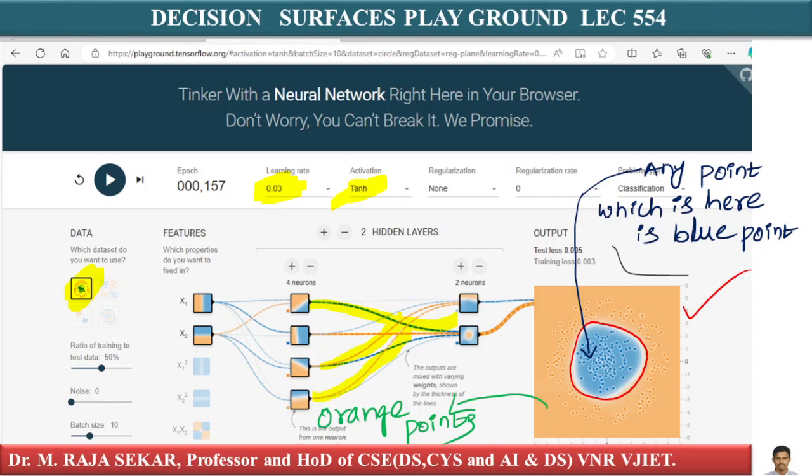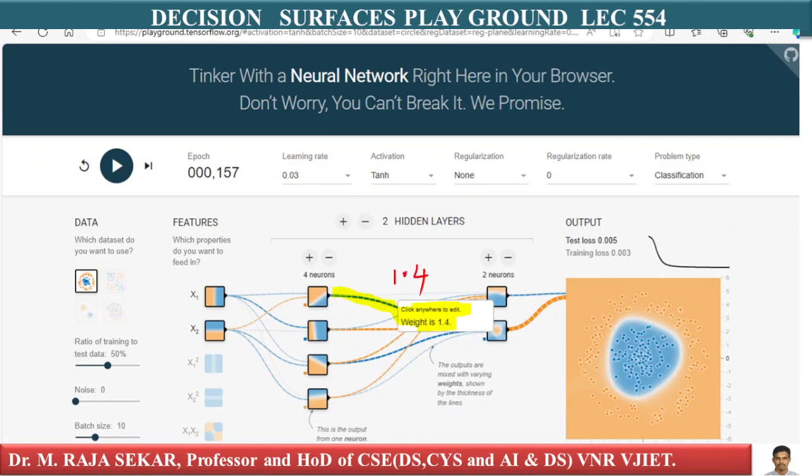So for example, if I go here, it tells me what the weight of the edge is. Let me check the weight. The width indicates whether the weight is larger or smaller. Let me take a simple example.